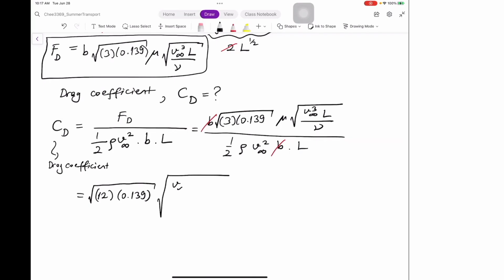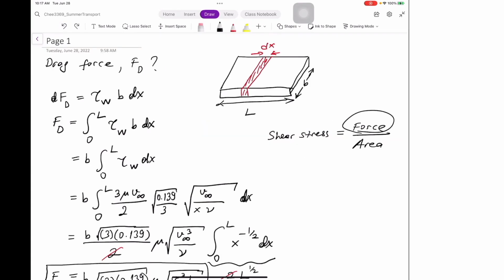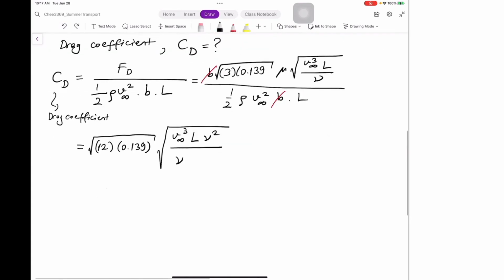That's going to be V infinity cubed L. Instead of mu over rho, we have nu outside, but you can take it inside as nu squared, and it's going to cancel with this nu, and you have L squared coming from this term, right?